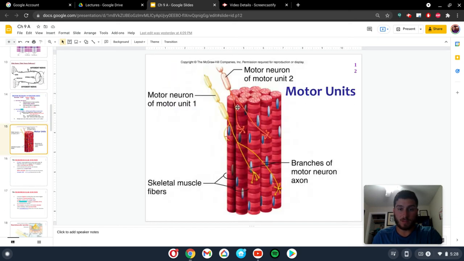Here's an example of what that looks like. In this case, motor neuron 1, the lighter color, comes in and branches off and touches 1, 2, 3 different muscle fibers, whereas motor unit 2 is going to come in and innervate 1, 2 muscle fibers. It all depends on the type of muscle and where in the body we're talking about.